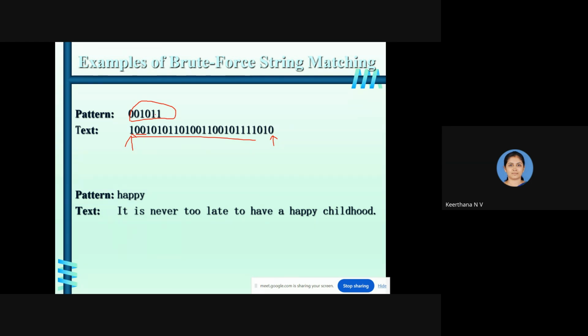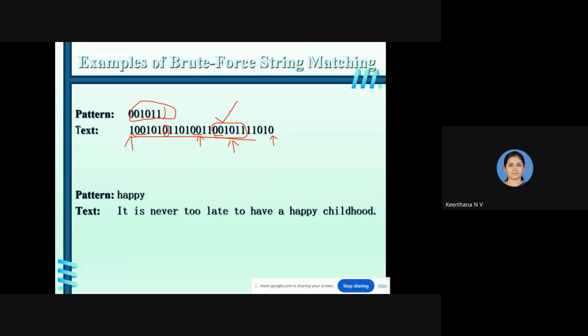But here the last digit does not match, so it traverses again, looking for double zeros. Here again it is double zeros, but the fifth digit does not match. Again here it is double zeros, then 1011. So this pair is matched. Here the brute force stops, having matched the pattern with the text.